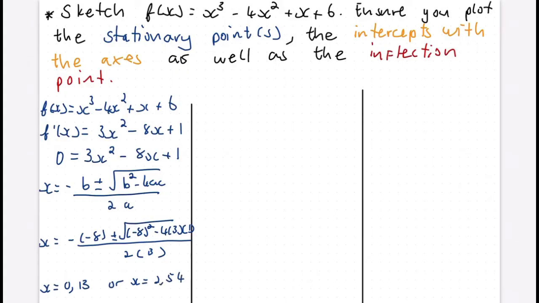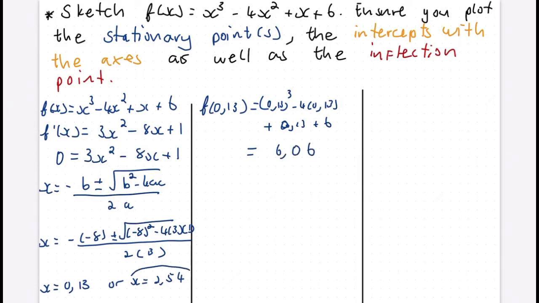Now we need to take that and find the y value when x is 0.13 by substituting an x of 0.13 there. The y value when x is 0.13 is 0.13 cubed minus 4 times 0.13 squared plus 0.13 plus 6. Now that gives me a y value of 6.06. Then we find the y value when x is 2.54.